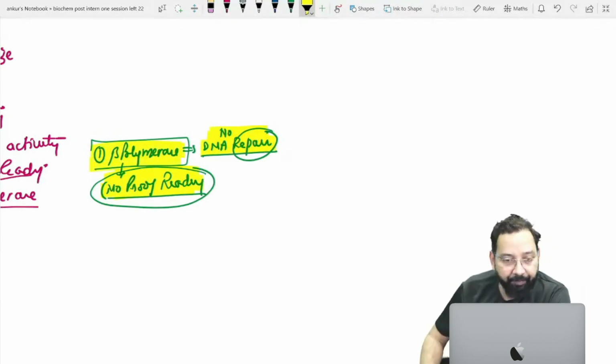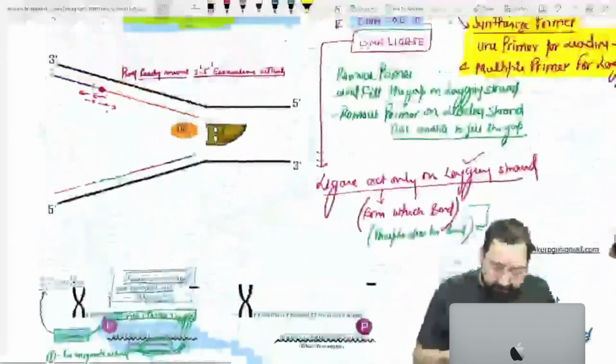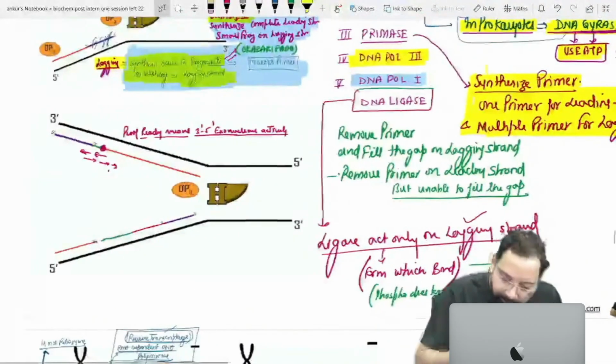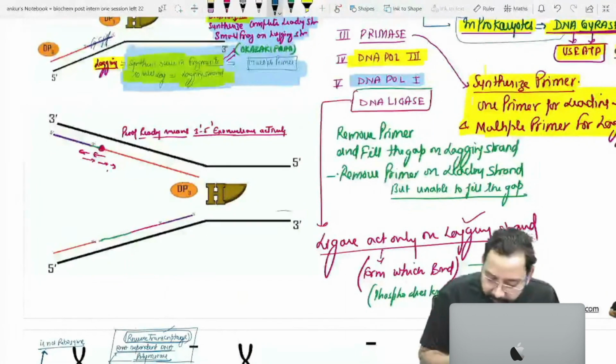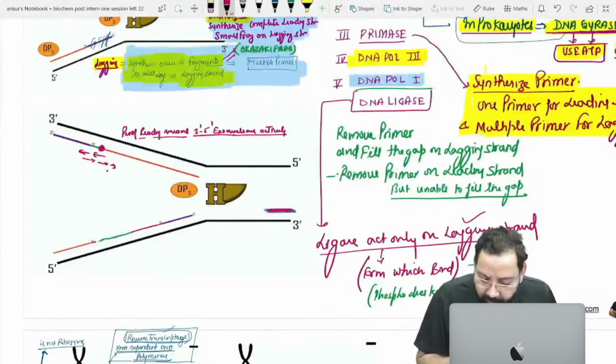Clear? One question. Not only on the leading strand, on the lagging strand the last primer will be removed.